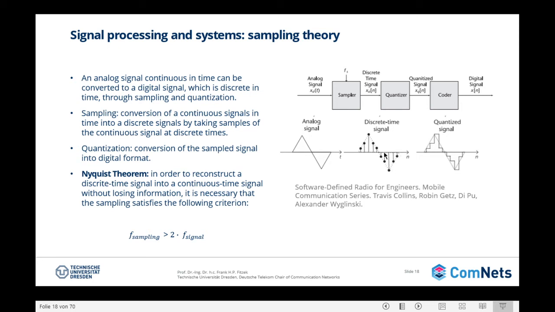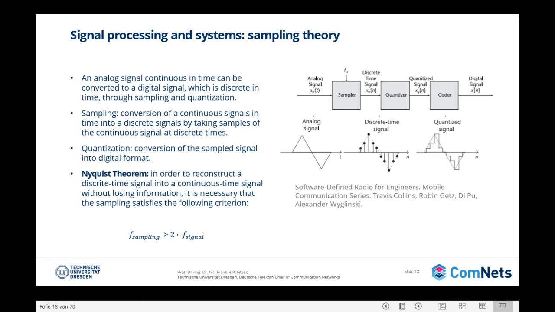Then we require a conversion of the sampled signal into a digital format through quantization. When we discretize a signal and we want to reconstruct it back, we have to consider a criterion known as the Nyquist theorem.